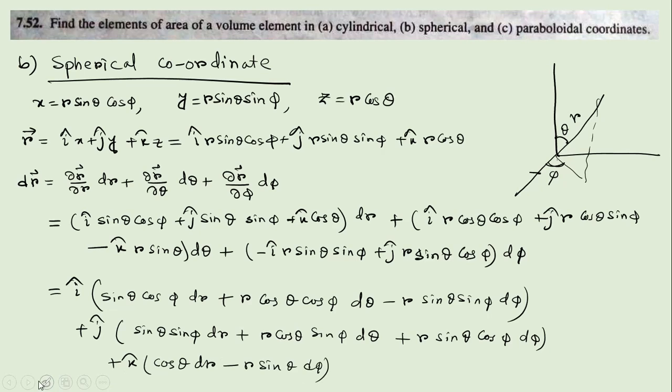Okay. Now find out ds square. Ds square is nothing but dr vector dot dr vector. You just do it yourself, then check with the answer obtained here.